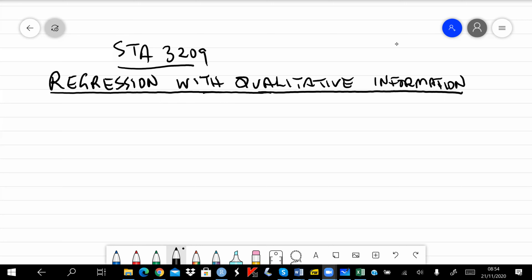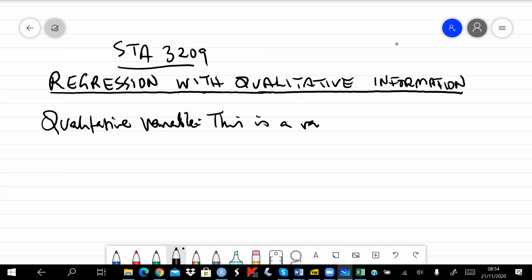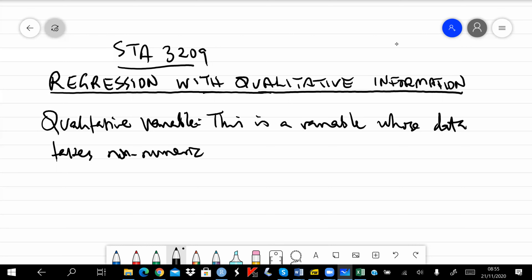And when you talk about data which is not quantitative, when you talk about qualitative data, you may want to recall this, that a qualitative variable is a variable whose data takes non-numeric values.